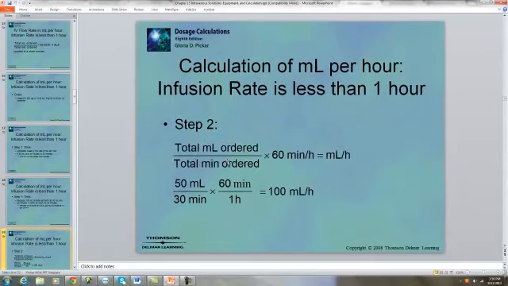So the milliliters ordered was 50. The minutes ordered was 30, times 60 minutes per hour, and that's 100 milliliters per hour.